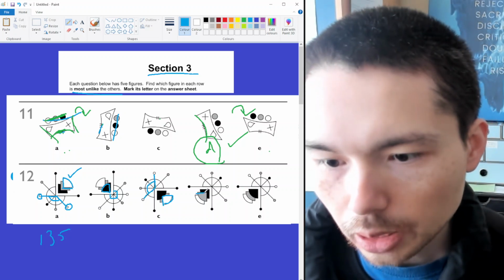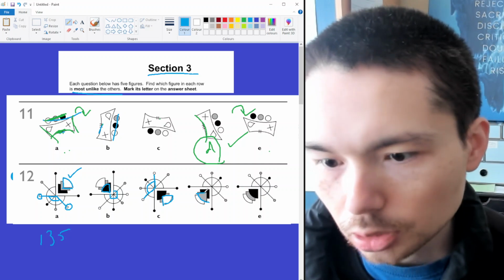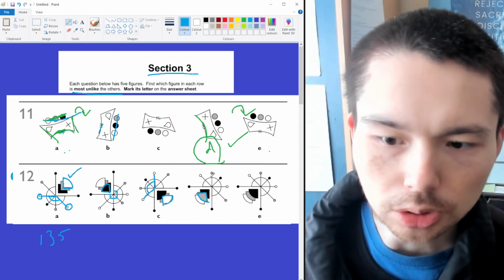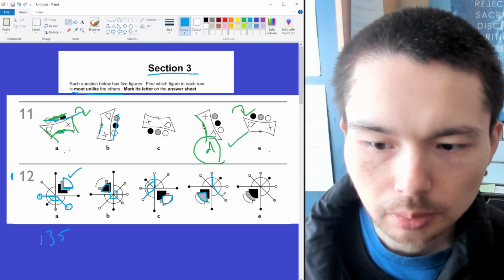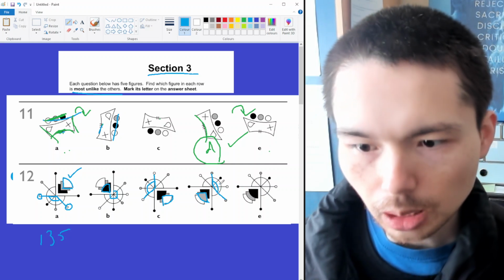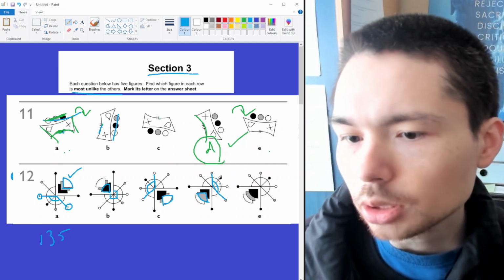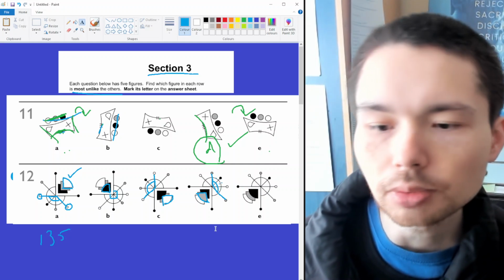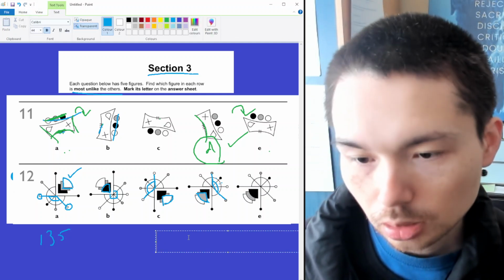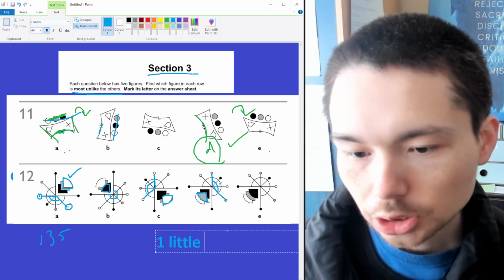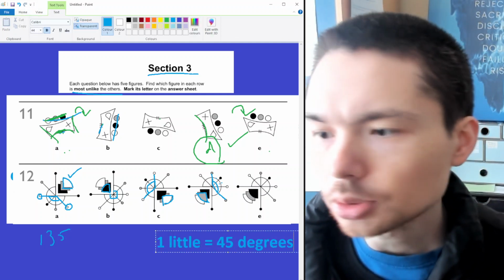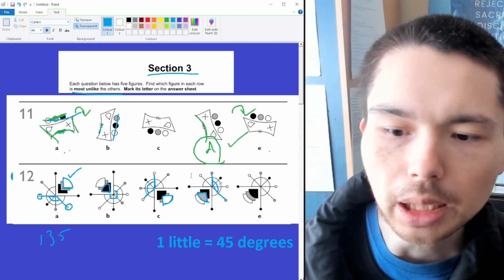D, well, grey's on top. That's the focus point for a different question. Grey, here, that's 135. You might be thinking, how's William getting that? Because can you see each little section? One little section is 45 degrees. Let me make sure that fits on the page. Yes.